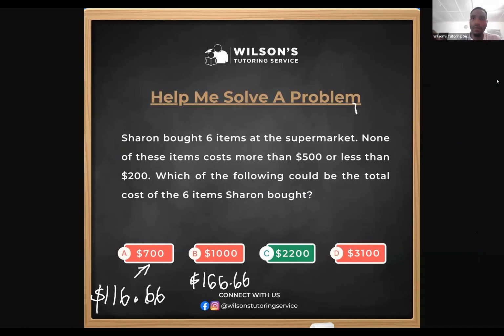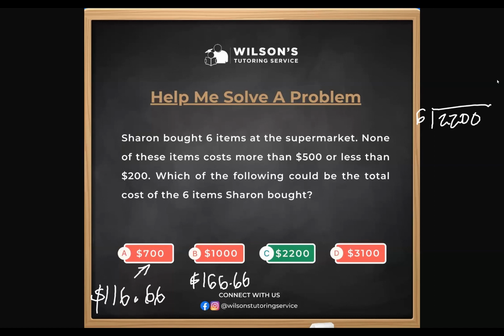So here I have my 6 into 2,200. How many times can 6 go into 22? Think about the closest number to 22 that 6 can divide. 3 times, very good.